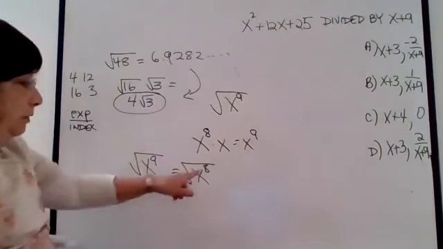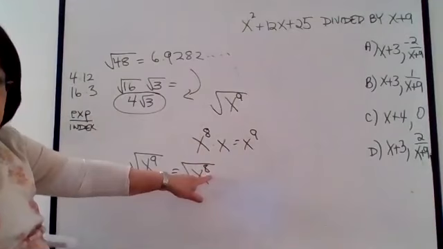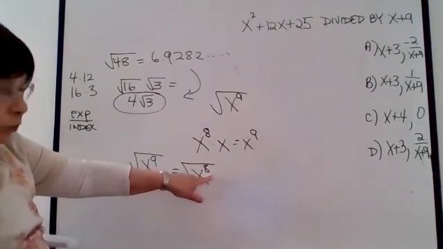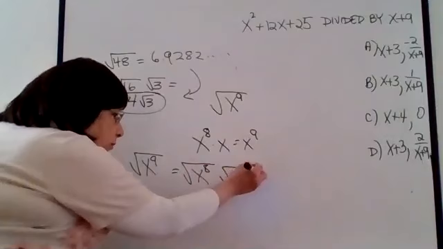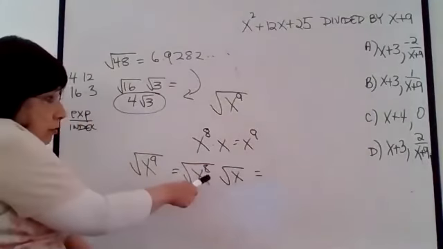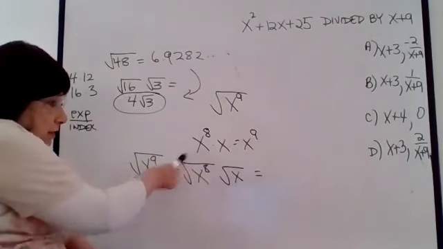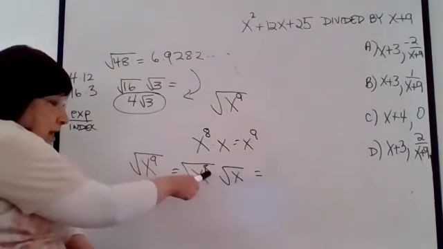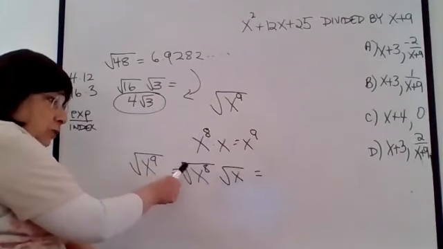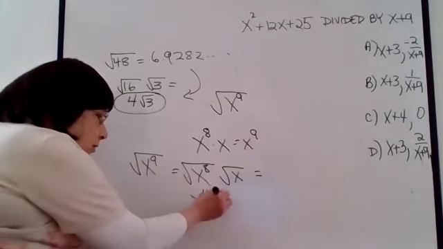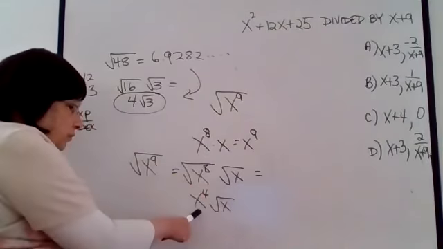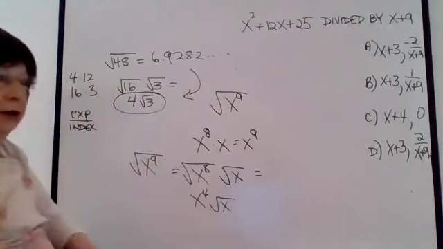That's a perfect square because its exponent is even. Take the 8 divided by the index, which is 2, which is x to the 4th. And your answer will become x to the 4th times radical x.